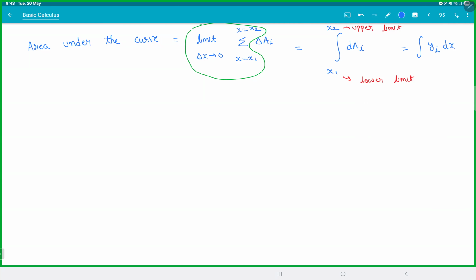Now, this symbol, this also means summation only. Sigma means summation. So logically speaking, this is the symbol for integral. It's called integral, that snake symbol. Getting it? So this is also summation, but summation of small pieces.